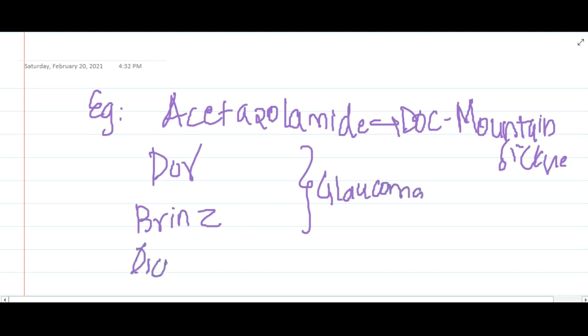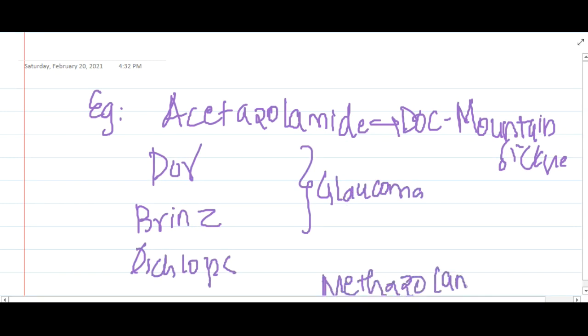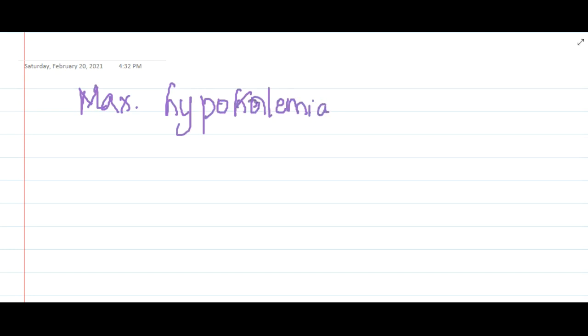Then we have dichlorphenamide, or methazolamide. Okay, so these are the important points about the carbonic anhydrase inhibitors. Now a one-liner: the maximum hypokalemia is mainly caused by carbonic anhydrase inhibitors.